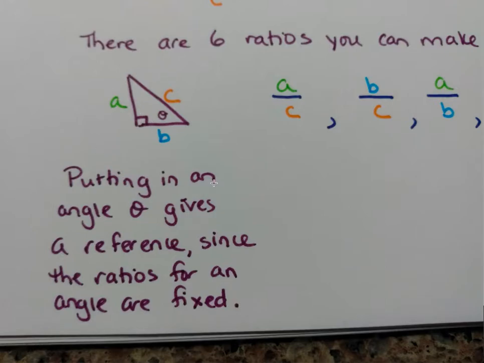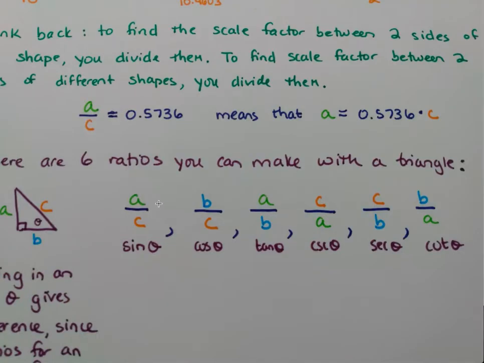That's why there are the 6 trig ratios. This angle fixes the perspective, and we know that the ratios for every angle are also fixed. We saw that in our trig table. So there are the 6. Calculating 6 different ways of looking at scale factors gives us the 6 different trig ratios.